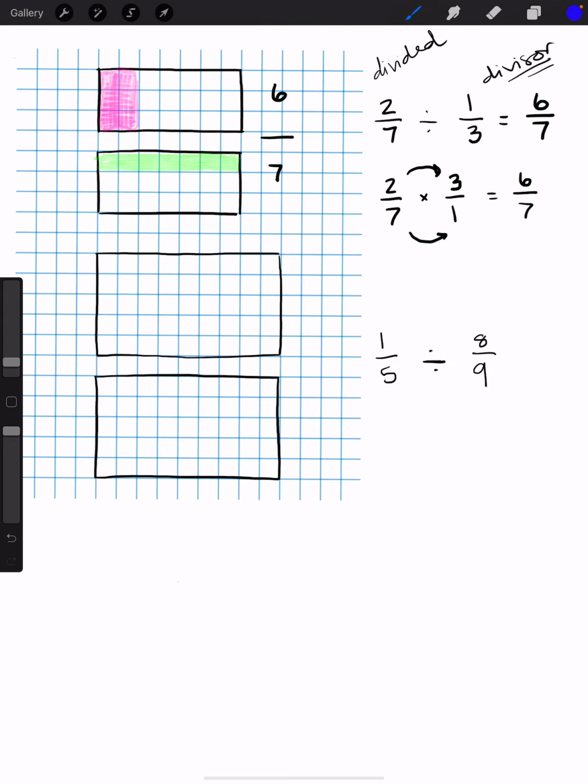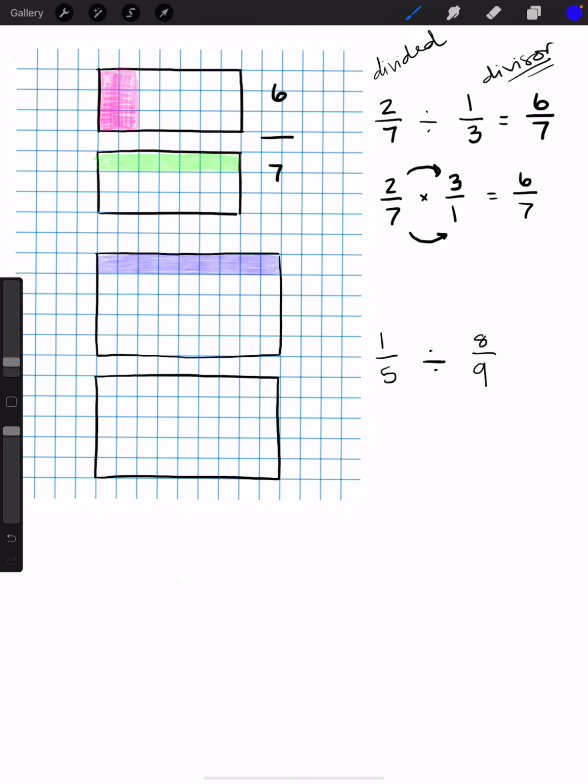My first fraction is 1/5. If I have 5 different rows, I can color in one of them. So I color in one row to represent my 1/5.